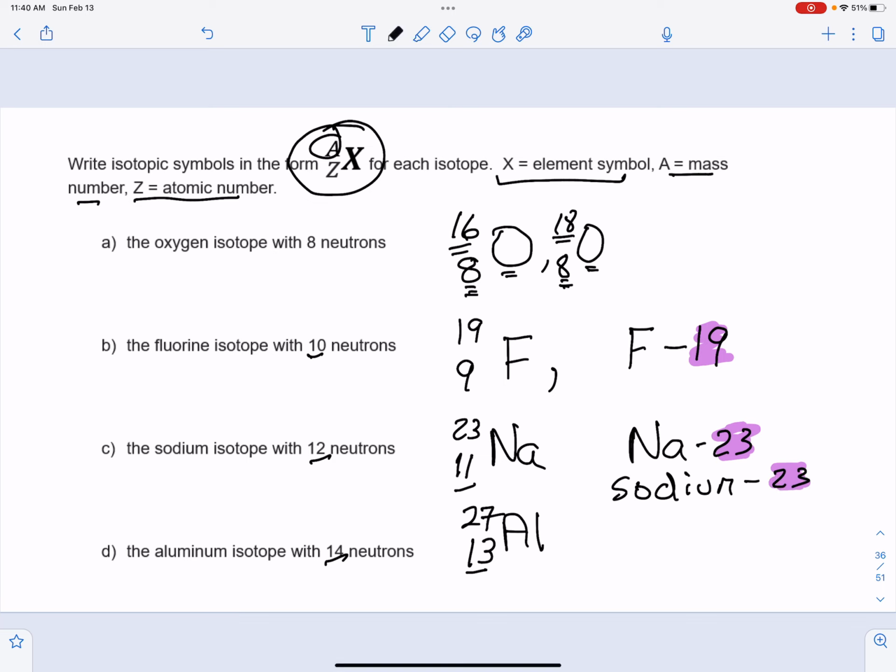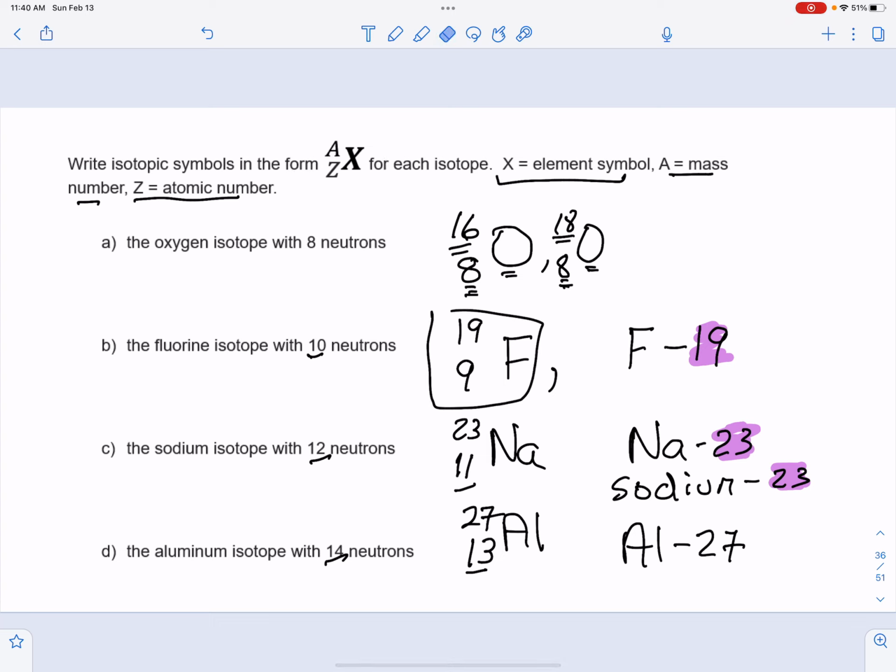And so you can do aluminum 27. So you can capture all that information in so many different ways. Well, the standard isotopic symbol is the one that looks like this, with the atomic number at the bottom left, the mass number at the top left, and the symbol to the right.